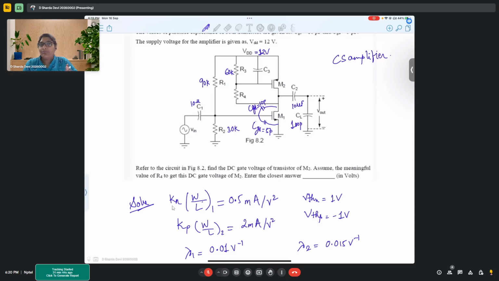If you have a gate current possible in your circuit, so your MOS design is such that it can conduct current, then it is not a capacitor, right? At that time, it will behave as a resistor.